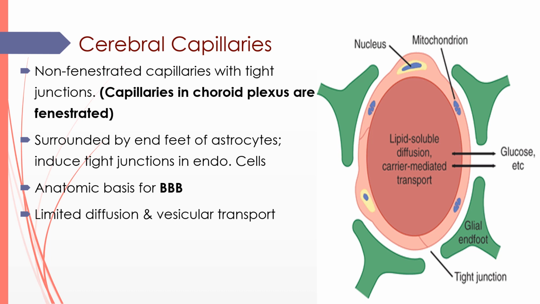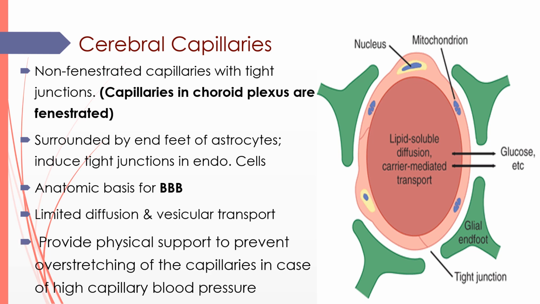It limits ionic transport by means of diffusion, exocytosis and endocytosis, the vesicular transport. It also provides physical support to prevent overstretching of the capillaries in case of any high capillary blood pressure.